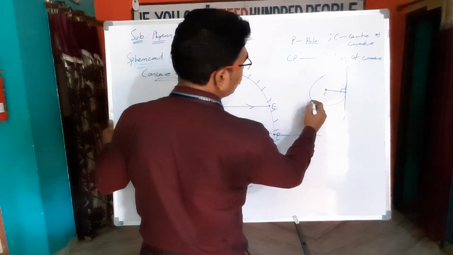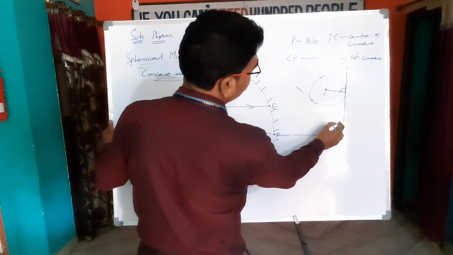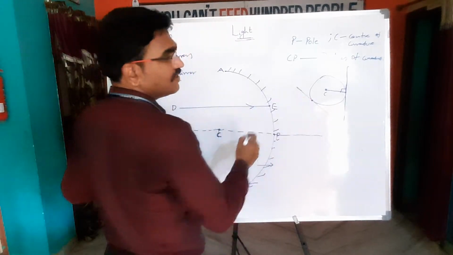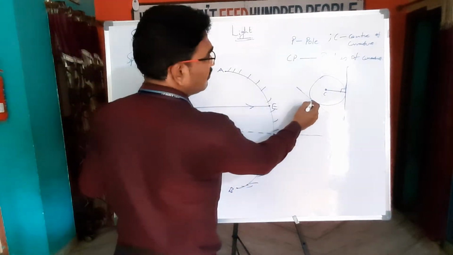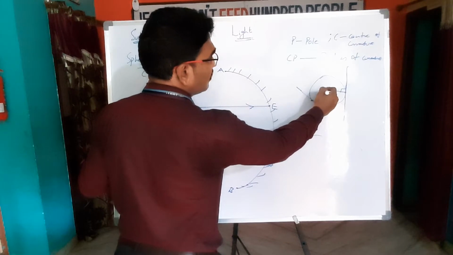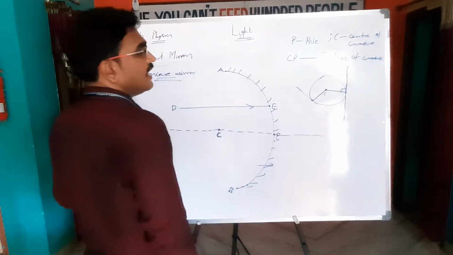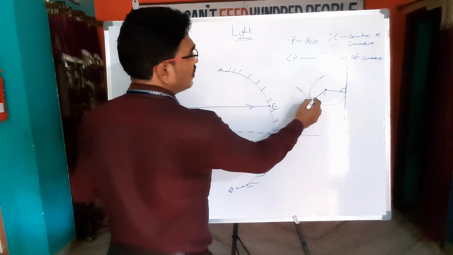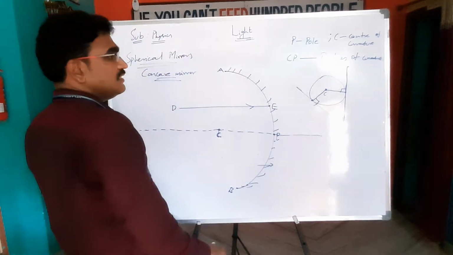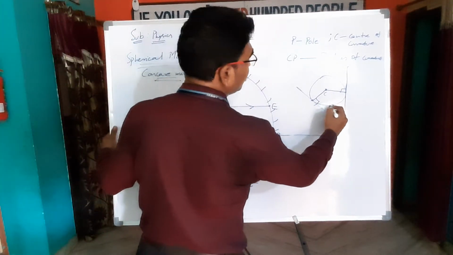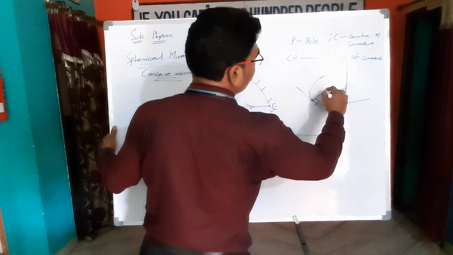Even here also I take a point and draw the tangent, a straight line touching a point. Then I draw a line from the center to this point, and again it is making 90 degrees. Again here I have taken a point and drawn a line from the center.